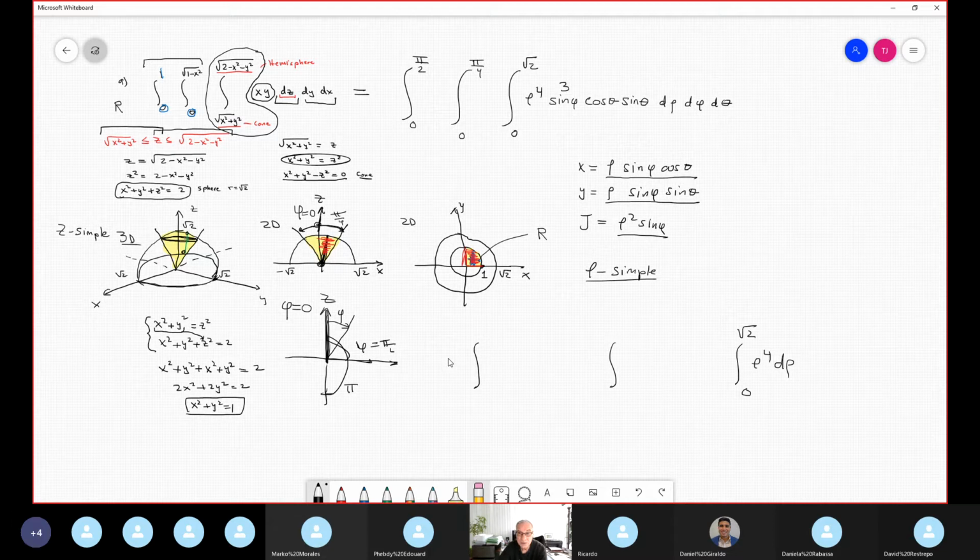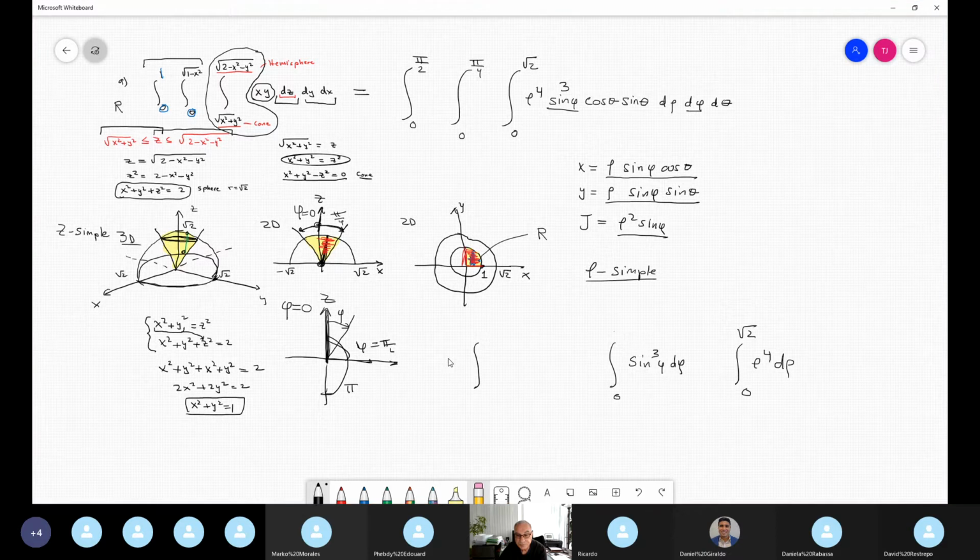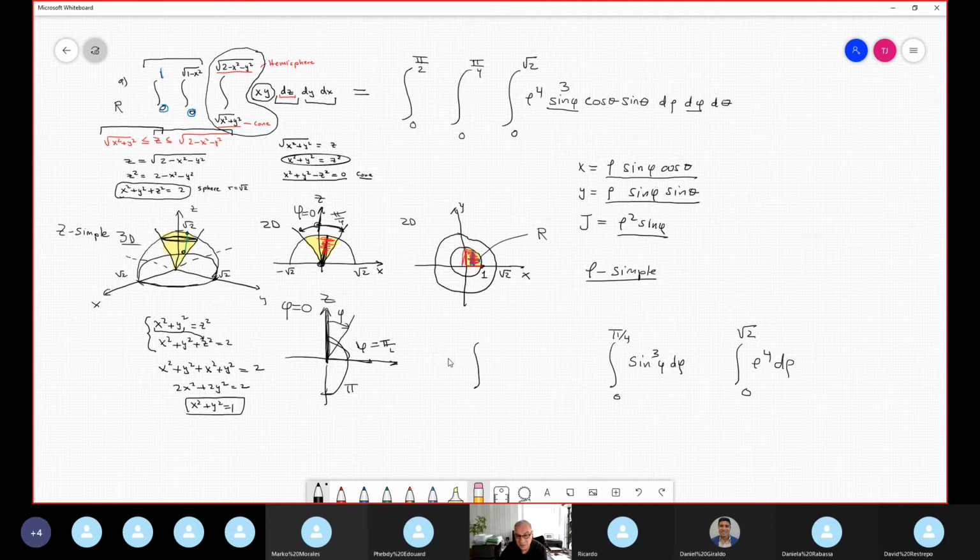Another case, consider phi. Sine cubed phi d phi, from 0 to pi over 4. This is a little bit complicated because we need to use a substitution.